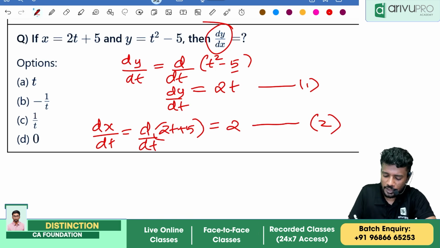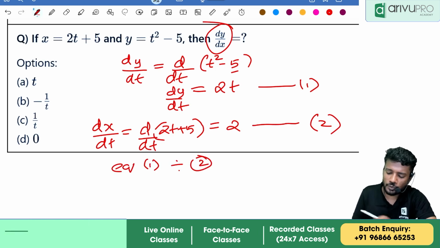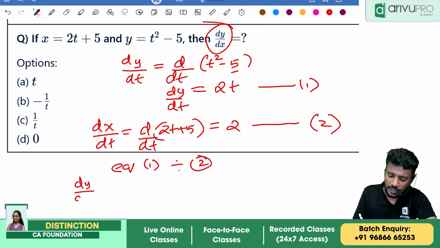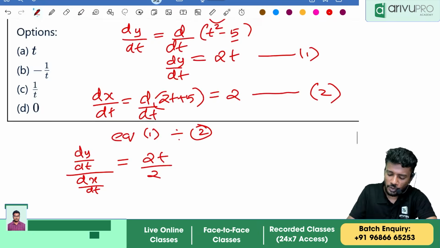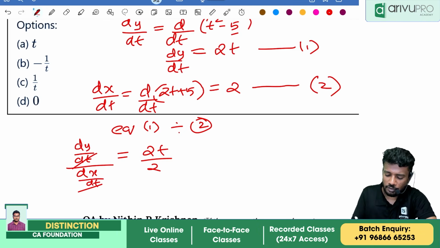Now we will take equation 1 divided by equation 2. Then dy by dt divided by what? The dx by dt is equal to what? 2t divided by 2. Anyway, dt cancelled off. What is remaining? Dy by dx is remaining. 2 cancel off.